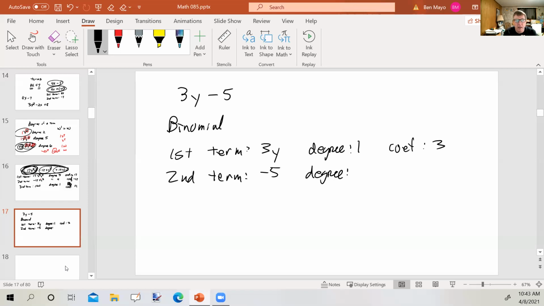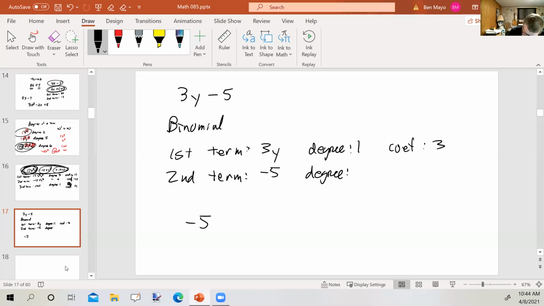The degree of a polynomial or of a term has to do with the variables, not the coefficients. So let's take a look at this term. Are there any variables present in that term? No, there aren't. Now, this is something that you would have learned if you had taken Math 85 or Math 84, or perhaps in a beginning algebra class somewhere in the past.